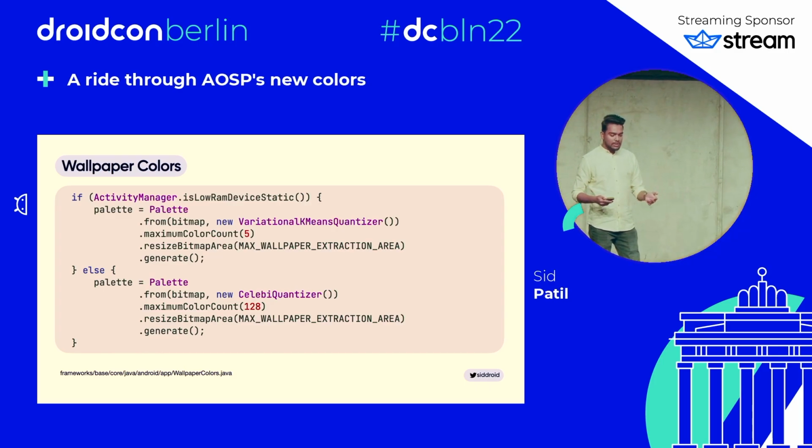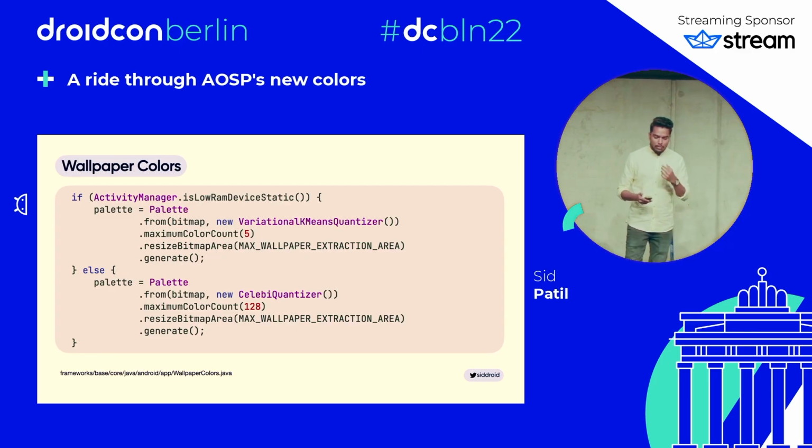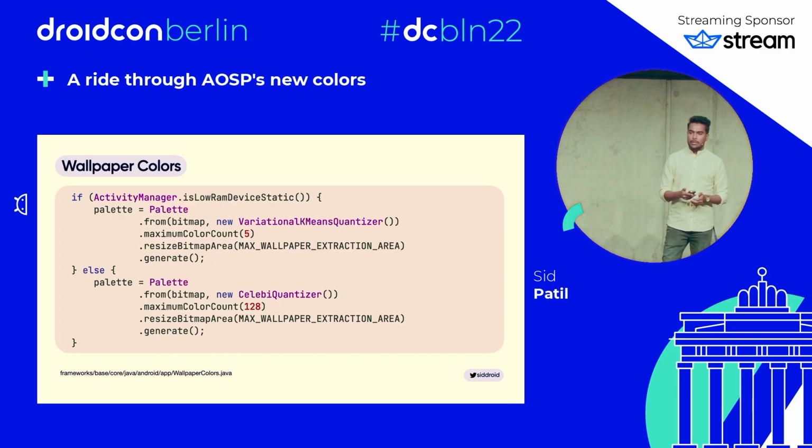So the way this works is we have the palette API, and we are using quantization here. Don't worry, we'll understand what quantization is for a given image. So we are using the palette API and running some logic on it through the quantizer to extract colors. But there's something interesting happening here. We see two portions of the logic. There is a check called is-low-RAM device.